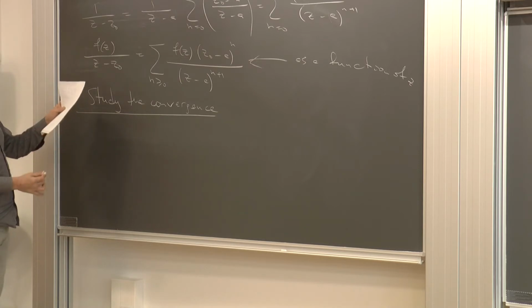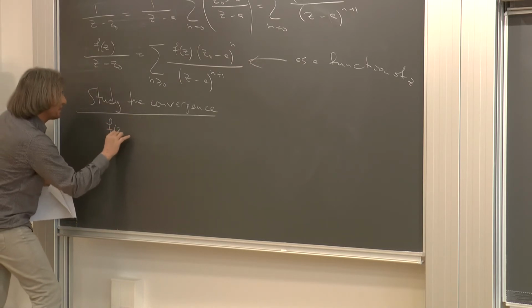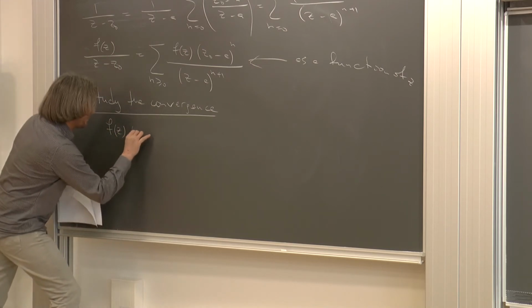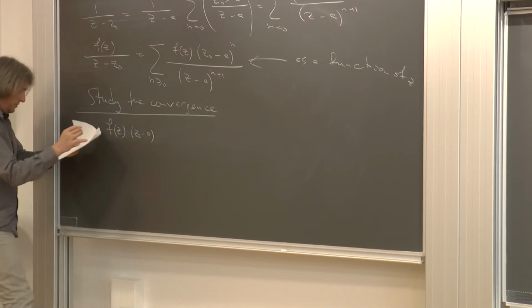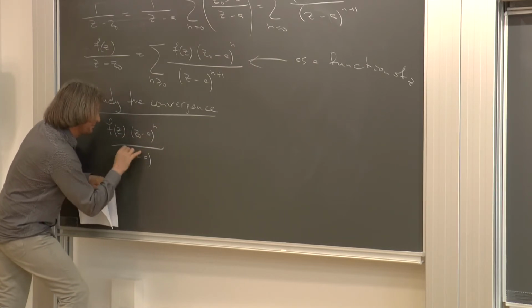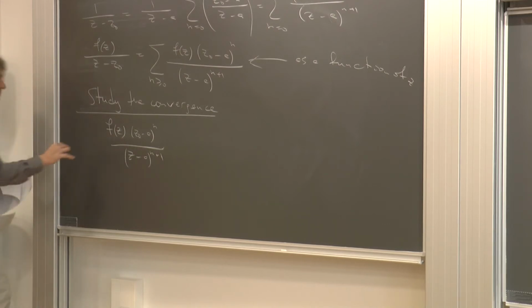Let's take f of z over (z minus a) to the n plus 1, and estimate the absolute value.